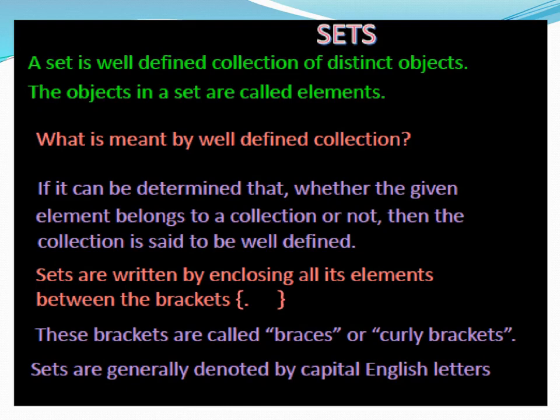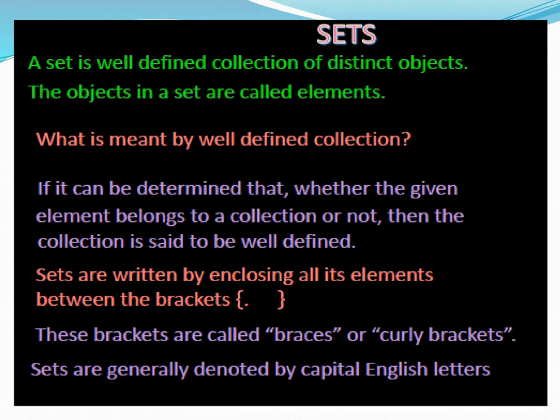A set is a collection of distinct objects. The objects in a set are called elements. So how do we define a set? It is a collection or group of distinct objects. These objects are called elements. So what is meant by a well defined collection?